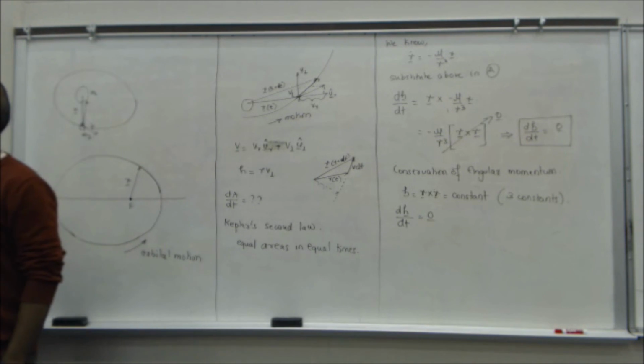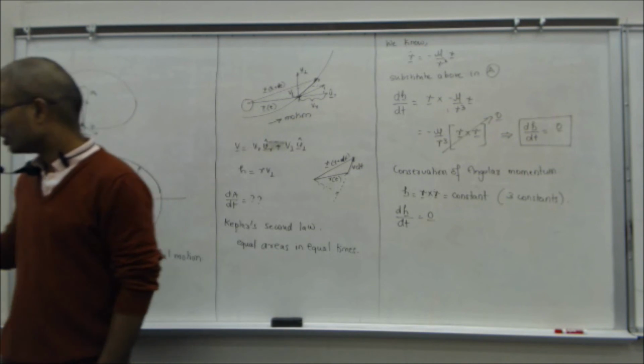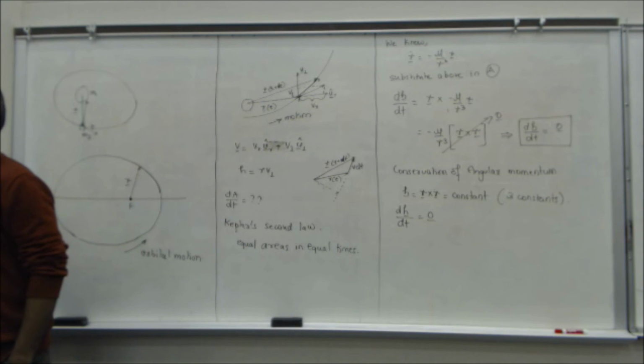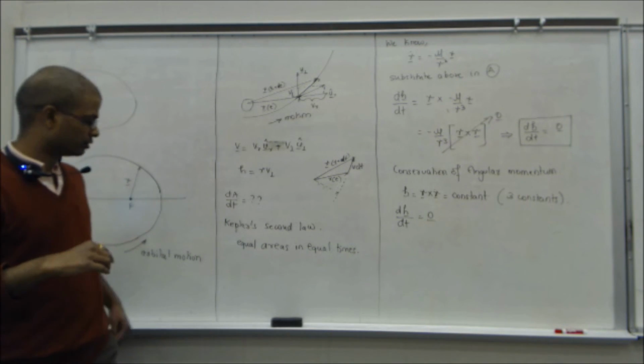So here the height is much bigger than this height, correct? So it has to cover much more base here in the same amount of time as compared to this, because the height is compensating here. It doesn't have to cover as much base. You understand? So half base into height.